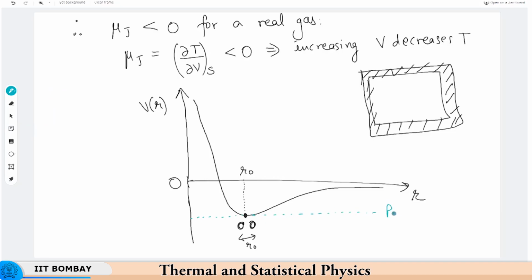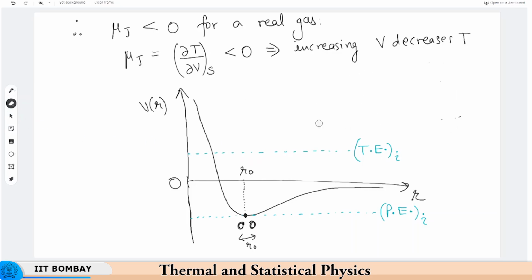This is the potential energy, let me call it initial. Say the total internal energy is somewhere here. This is the total energy, again initial. Since the total energy is this, the potential energy contribution is negative. So, the initial kinetic energy is somewhere here, right. This is kinetic energy initial.